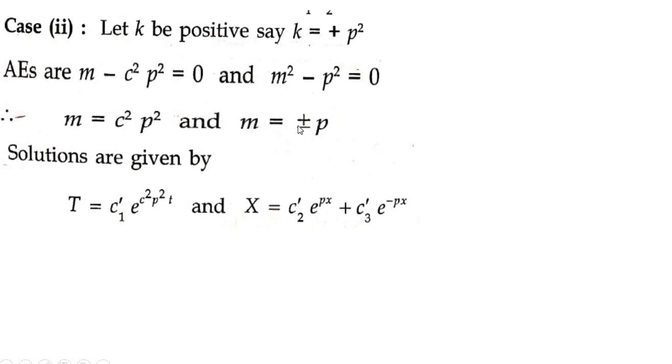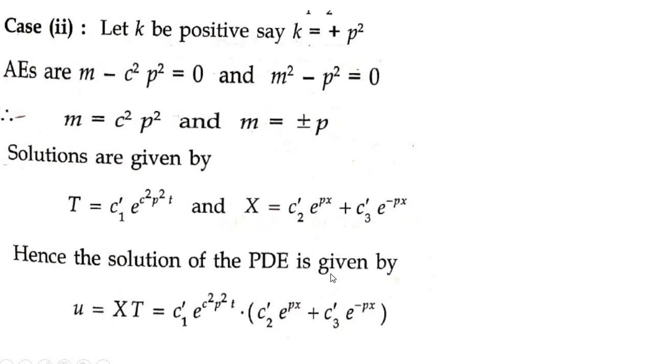Therefore, X is equal to c2 dash into e to the power px plus c3 dash into e to the power minus px. You are replacing m1 by p and m2 by minus p. Then finally you have to write the solution of the partial differential equation, which is u is equal to capital X into T, equal to c1 dash into e to the power c square p square t into (c2 dash e to the power px plus c3 dash e to the power minus px). So these are the solutions of the partial differential equation.